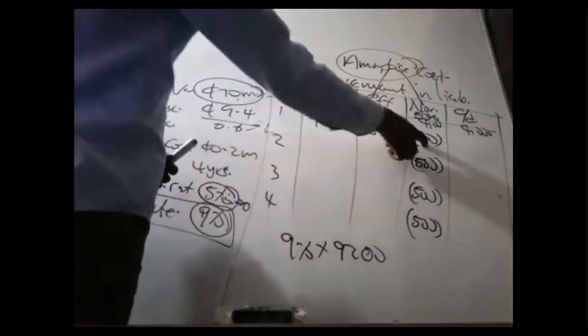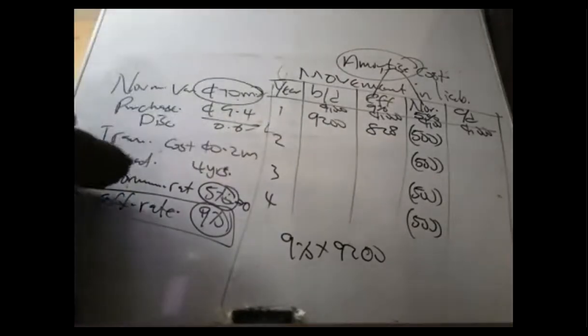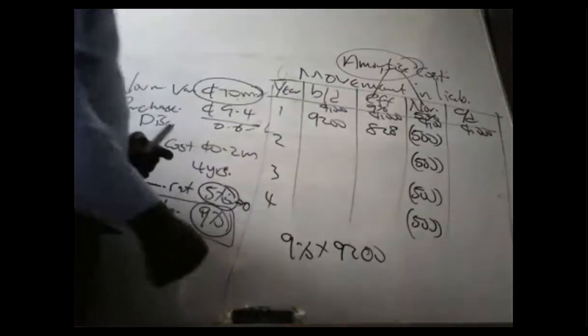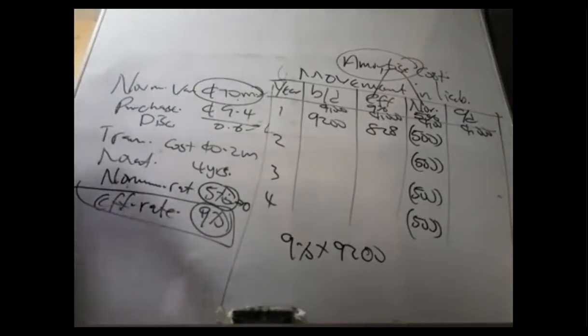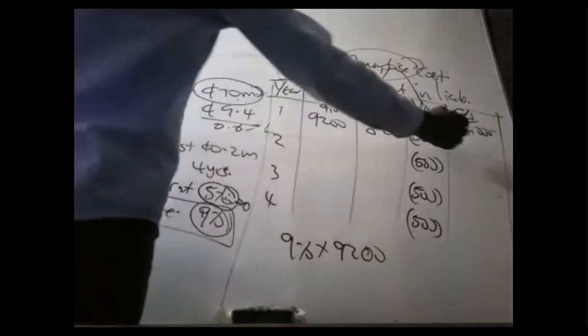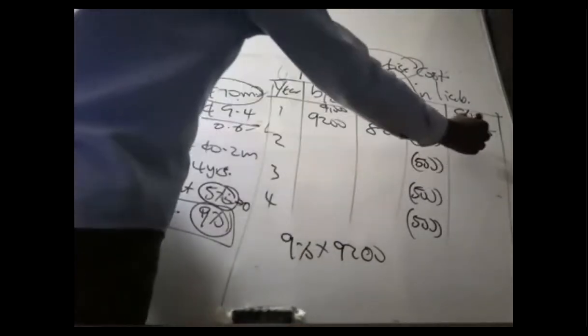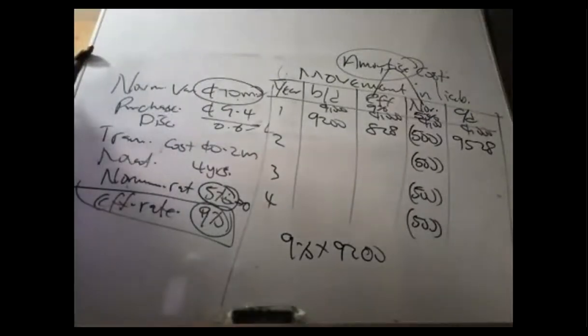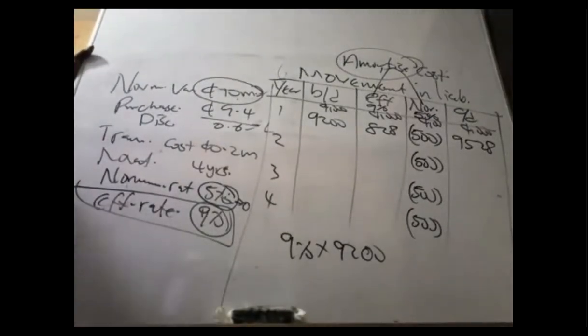So this minus this, then you add it to this, or add all and subtract this figure from it. So this will give us something like 328. So that will be 9528. That will become the closing balance.